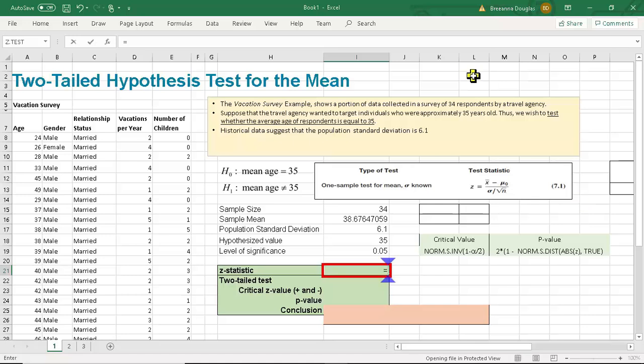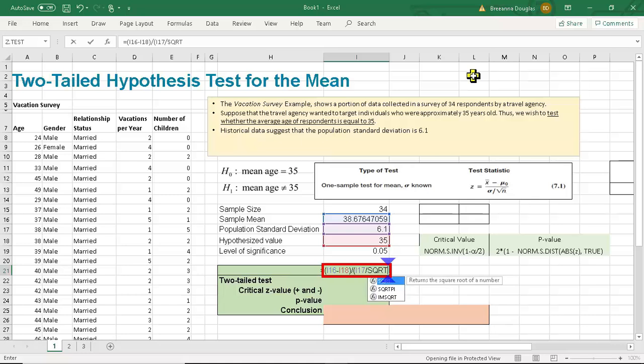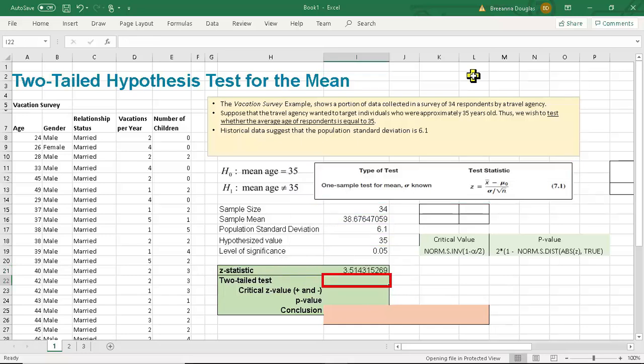For this problem, we will enter I16 minus I18 divided by I17 divided by the square root of I15. As you can see, our z-test statistic equals 3.514.